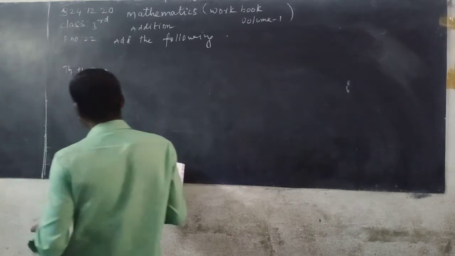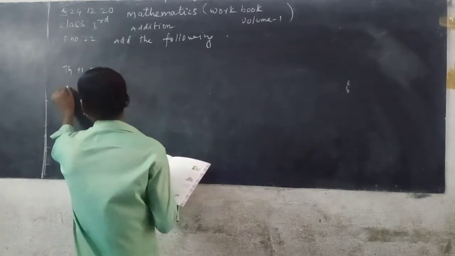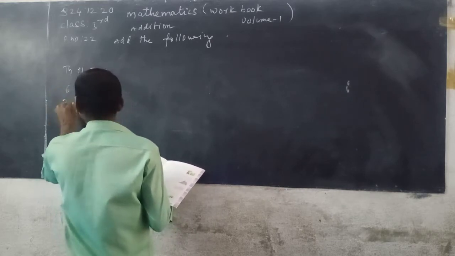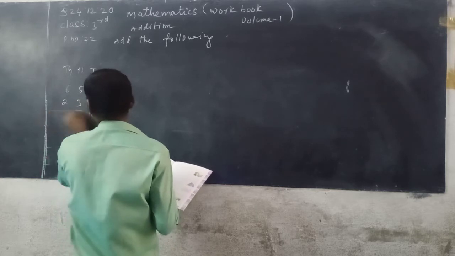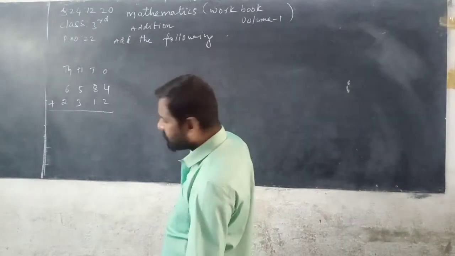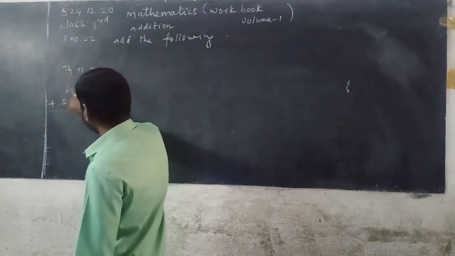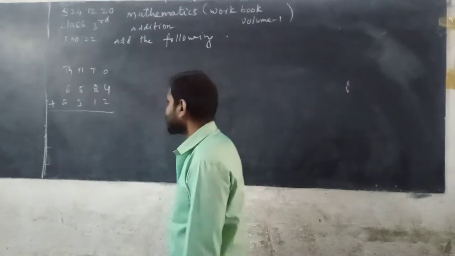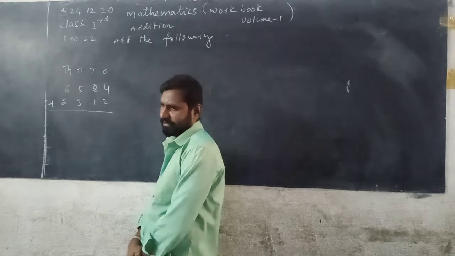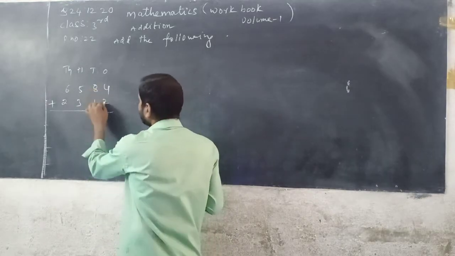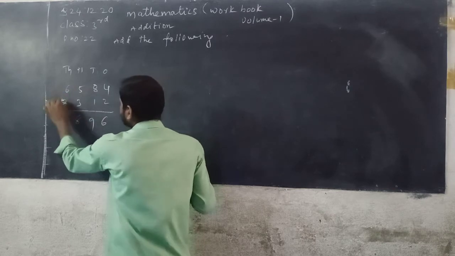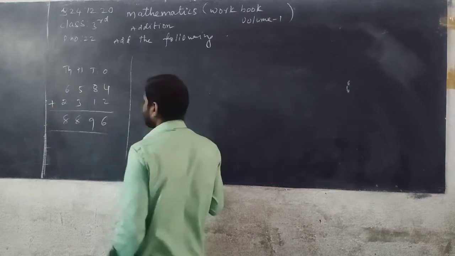So 1000. This is a 4 digit number. So, 6584 plus 2312. First write the given numbers in column form according to their places. This is ones place, tens place, hundreds place, thousands place. First add the digits in ones place, next tens place, next hundreds place, next thousands place respectively. 4 plus 2 is 6, 8 plus 1 is 9, 5 plus 3 is 8, 6 plus 2 is 8. Sum is equal to 8890.